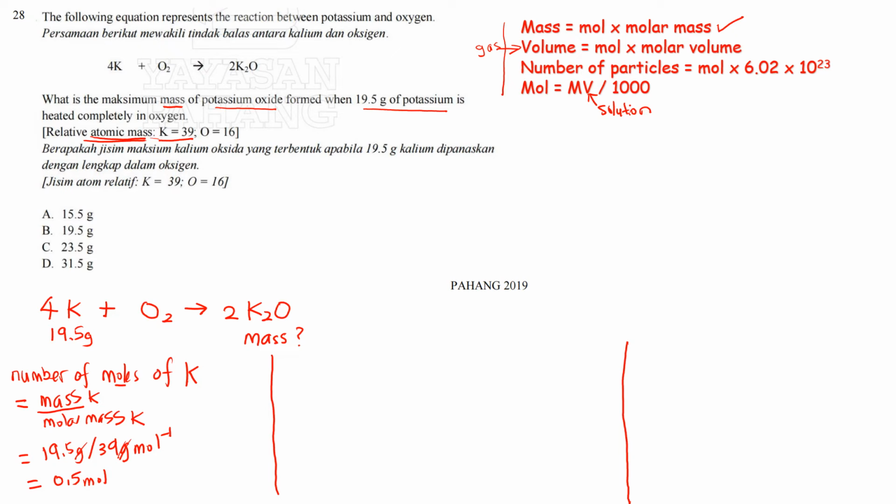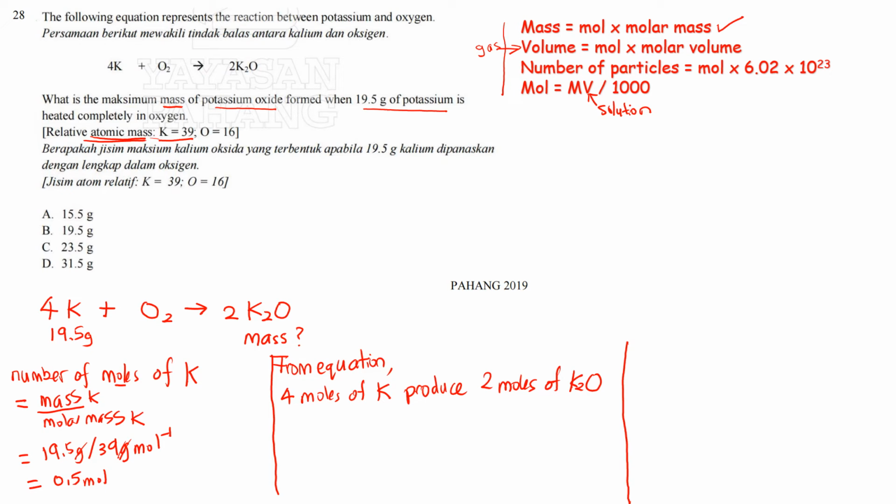Second step, you need to relate them by using the number of moles. From the equation, 4 moles of potassium will produce 2 moles of potassium oxide.